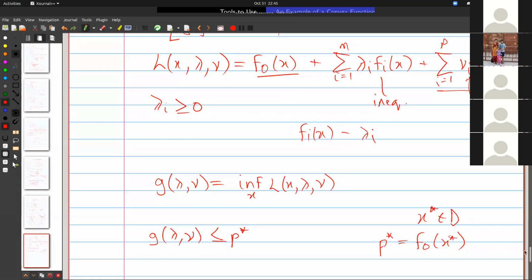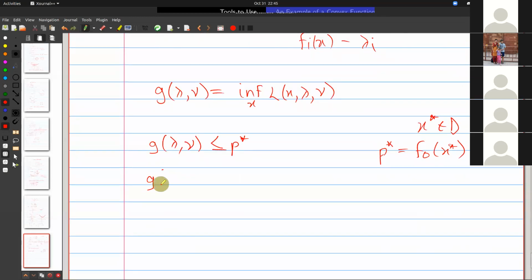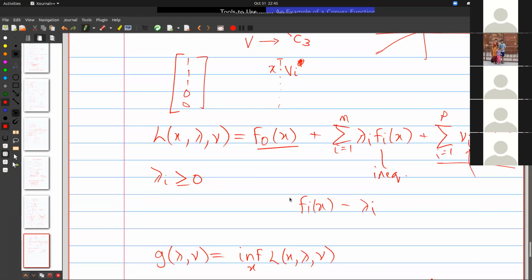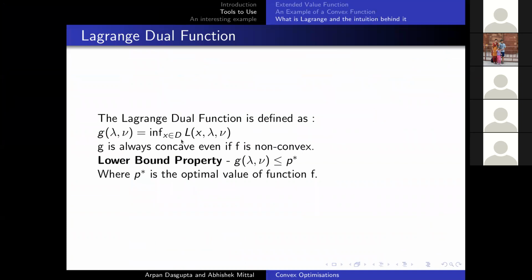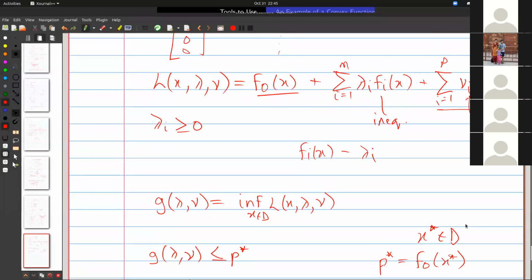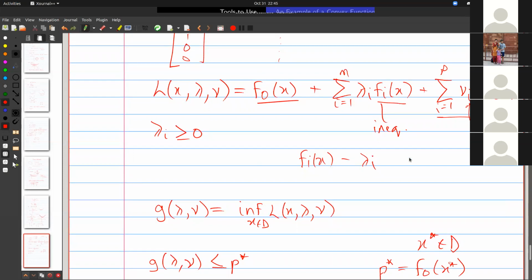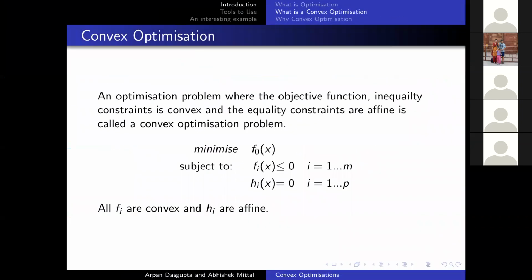Now notice from here that for g of lambda, nu, if we find an x belonging to the domain D, then we know for sure that all the inequality constraints are satisfied, which means that all the fi's are less than or equal to zero, and all the hi's are equal to zero.